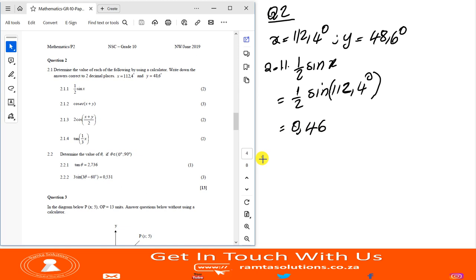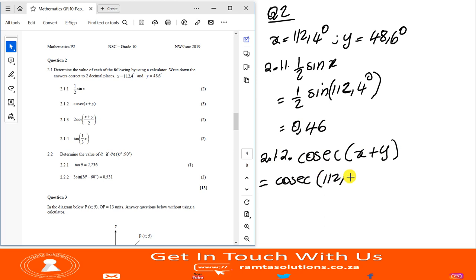Now 2.1.2. They say you must find the value of cosec x plus y. I'm just going to leave cosec as it is, but I will substitute my x and y.